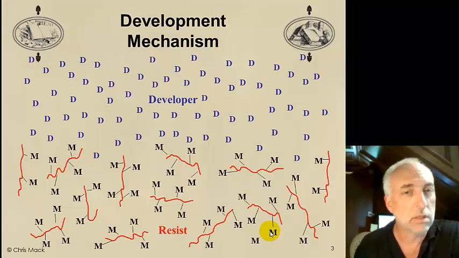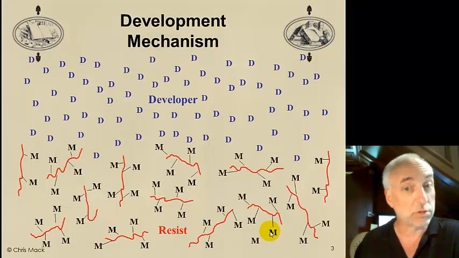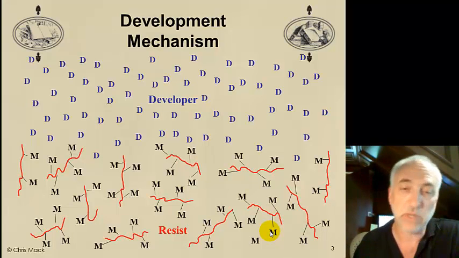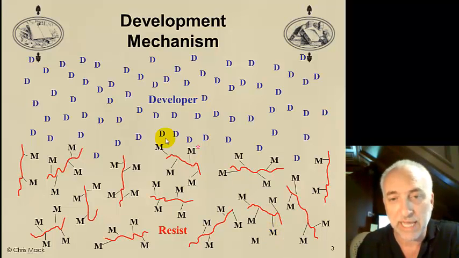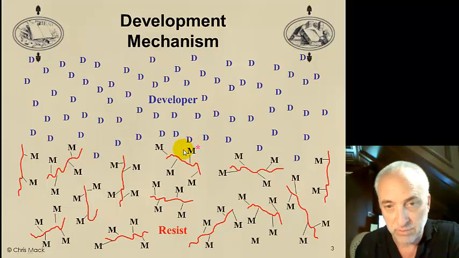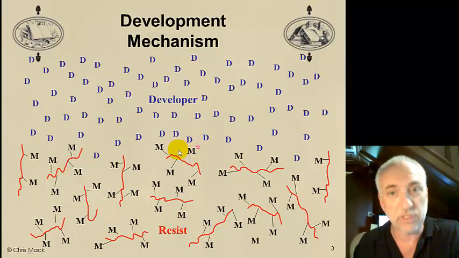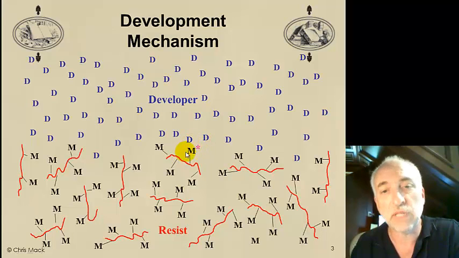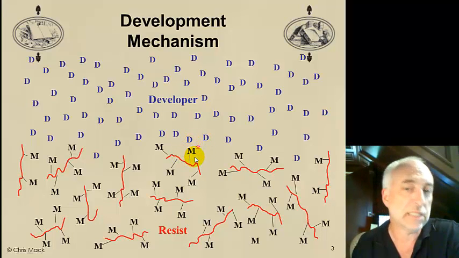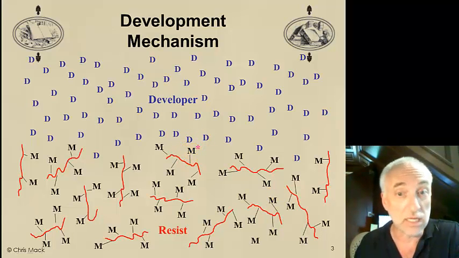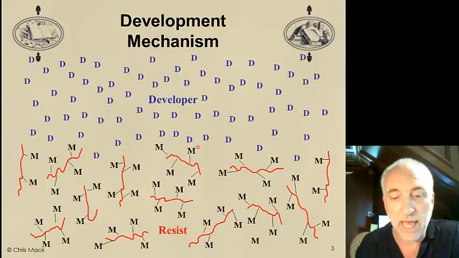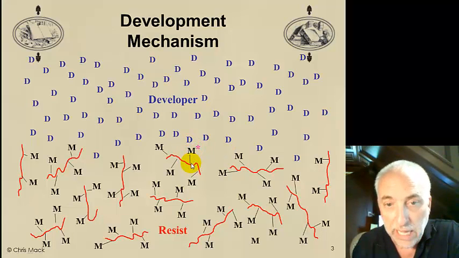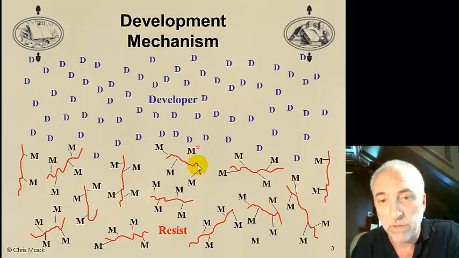Now, let's begin the process of exposure and deprotection. So I expose, I generate an acid, the acid moves along, and let's suppose it deprotects this particular group. So I'll put a little asterisk, M star, to represent in this cartoon that this particular site has been deprotected. Now a deprotected site is acidic, and the developer likes that site. So the developer will attack right here at that site and try to dissolve the polymer.